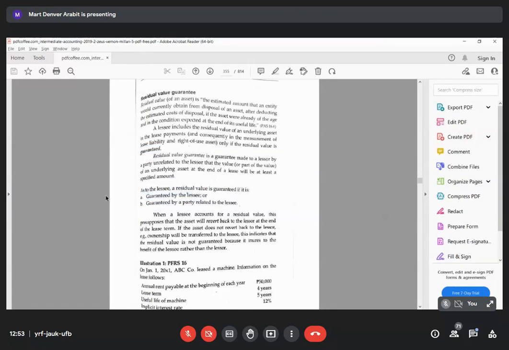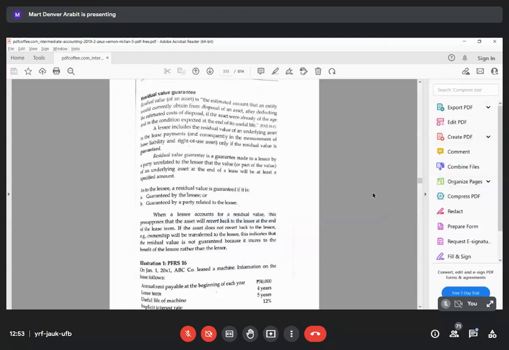So, when a lessee accounts for a residual value, this presupposes that the asset will revert back to the lessor at the end of the lease term. So, if there is a guaranteed residual value, it presupposes, meaning ina-assume na the asset will revert back to the lessor at the end of the lease term. So if the asset does not revert back to the lessor, so ownership will be transferred to the lessee.